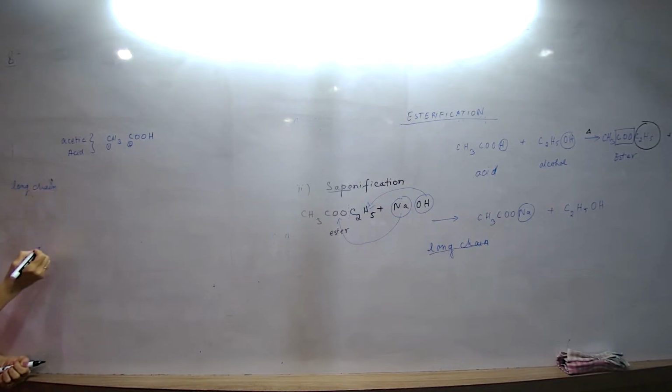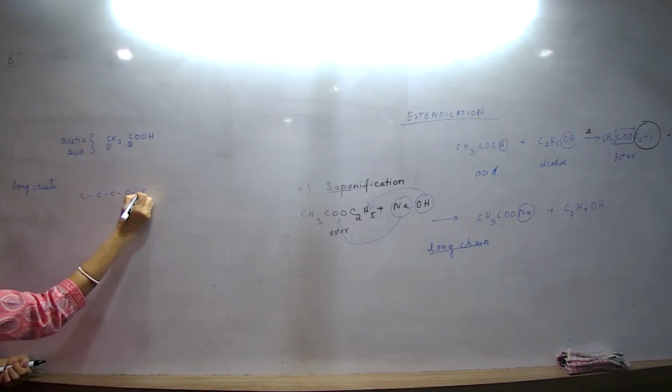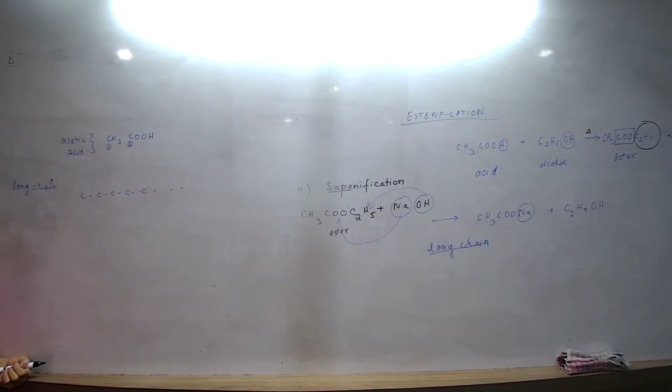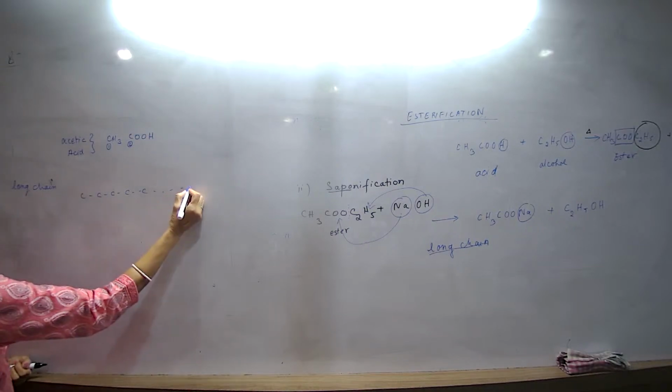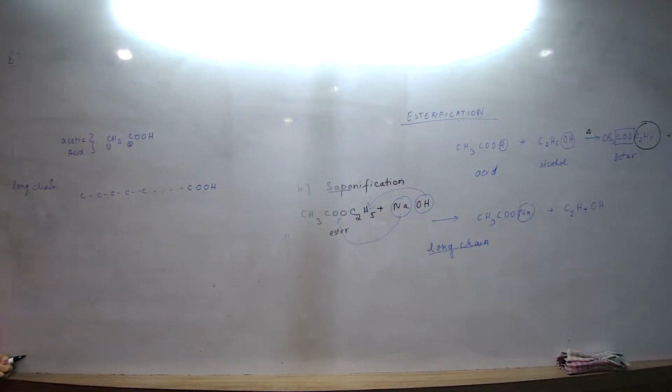What does it mean? More than about 16. So we have 1, 2, 3, 4, 5, 6, and so on. At the last, what will come in a carboxylic acid? COOH. Did you understand what I'm saying? If your carbon count is more than 16, it becomes a long chain carboxylic acid.